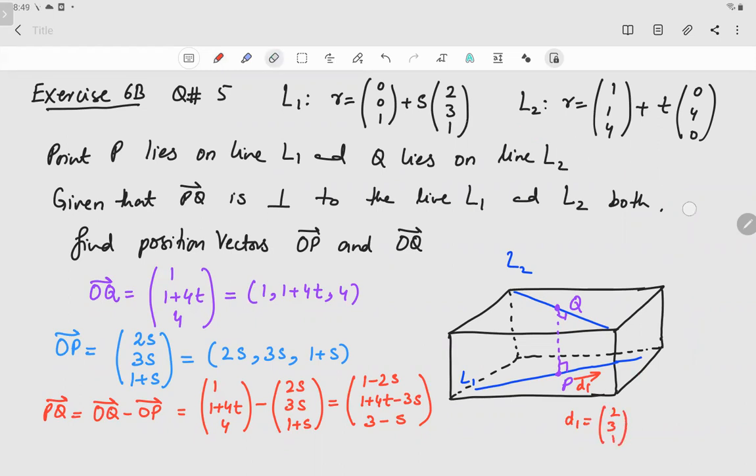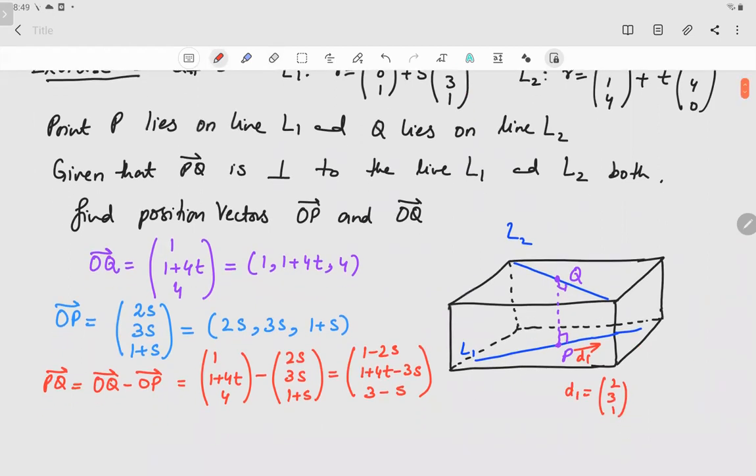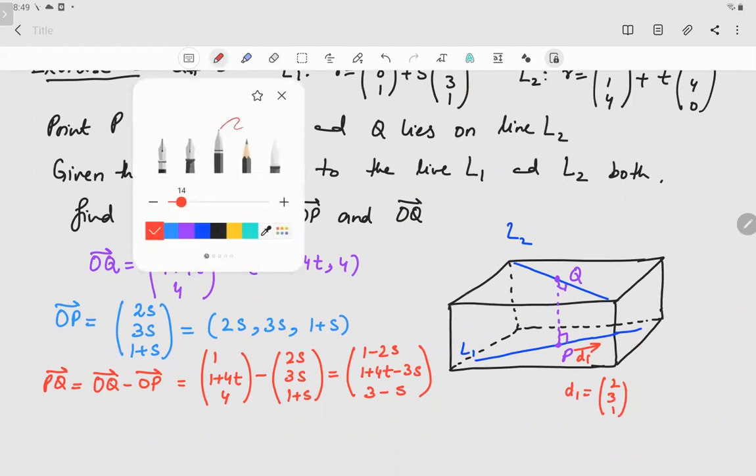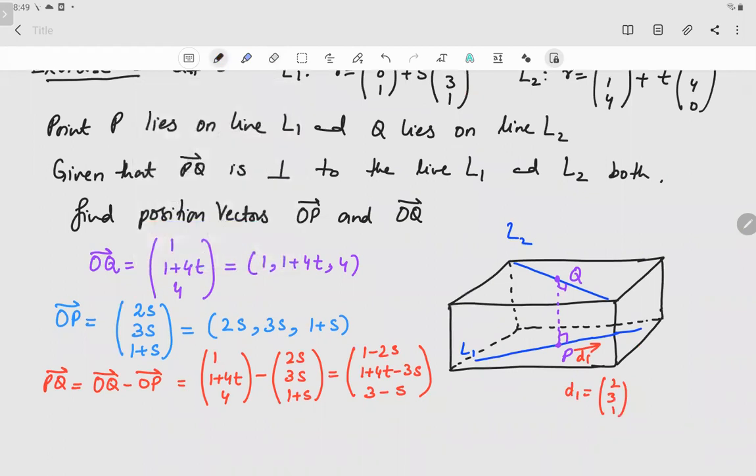Now the vector PQ is perpendicular to D1, and I will calculate the dot product of PQ with D1 and equate it equal to 0.